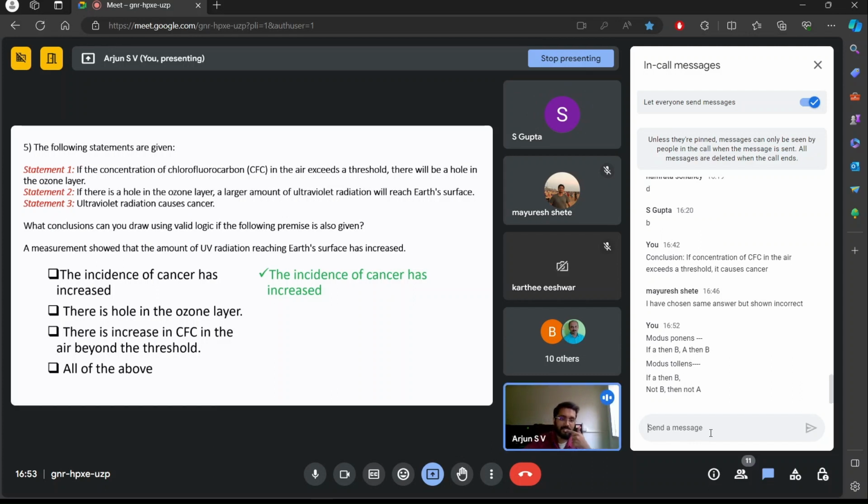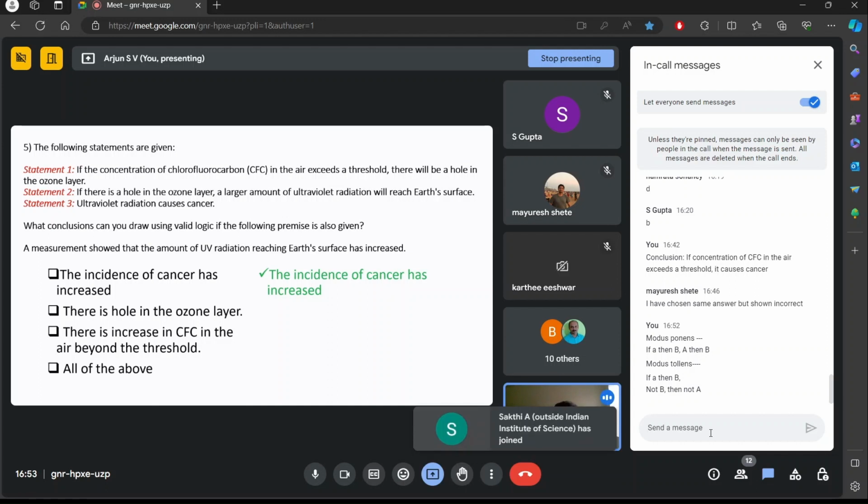Any deviation from this kind of logic is not a valid answer, because if A then B and then B happens, B can happen because of a lot of reasons, out of which A can also be one, but B does not happen only because of A. That's the whole argument here. That's why B then A cannot be a valid answer.